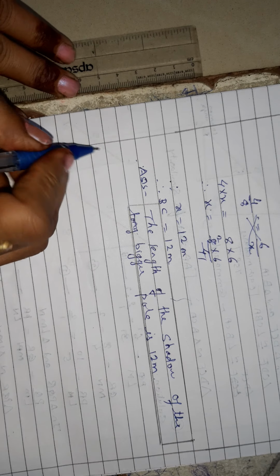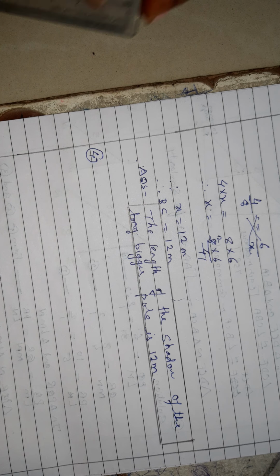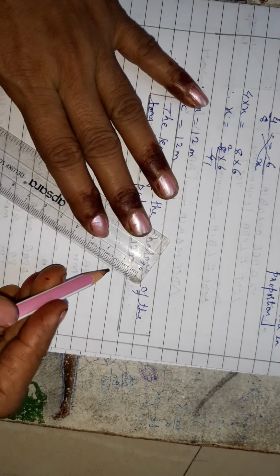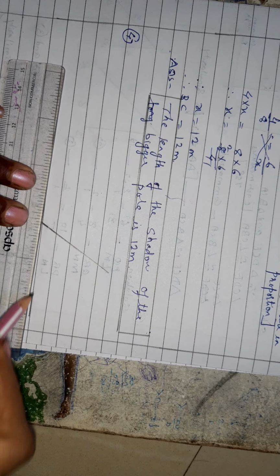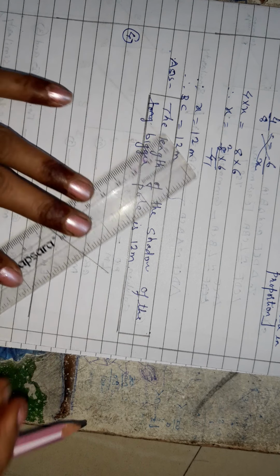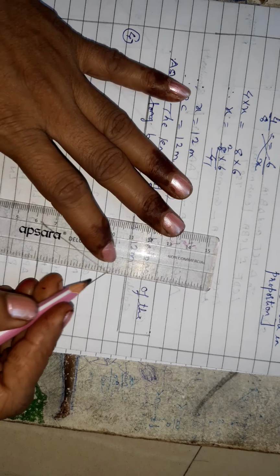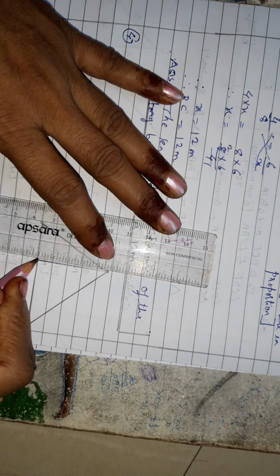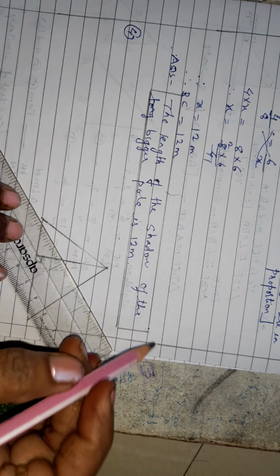Now let us see sum number 4. What is given in sum number 4? Here also 2 triangles are given to you. From the vertex it is the altitude, here the height.